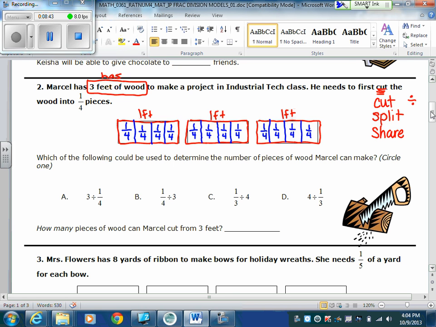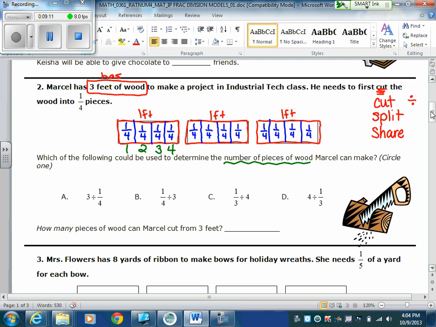Which of the following could be used to determine the number of pieces? Again, we want to make sure we're answering our question. They're asking us for the number of pieces of wood. Well, I go back and look at my 1 foot is 1 piece of wood. He cut another one, that would give me a second piece of wood. He cut another, that'd give me a third. He cut another, that's a 4th piece of wood.